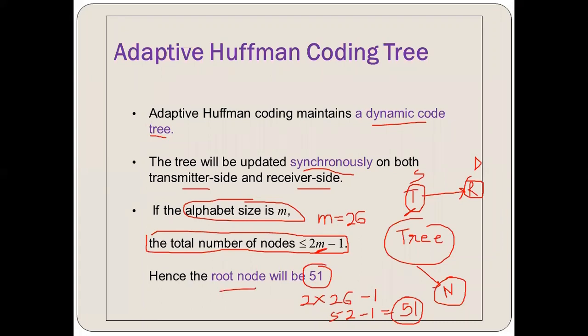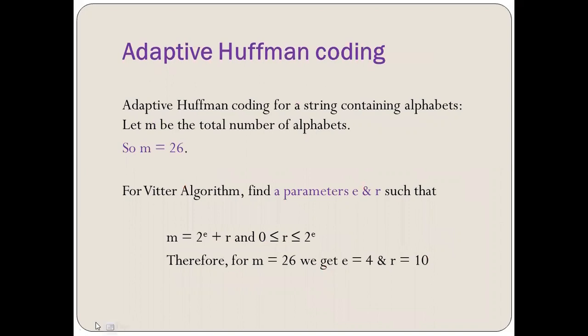Now, we are going to move further with certain things. In the case of adaptive Huffman coding, we were talking about the total number of nodes in the tree. After this, we have to use the algorithm, and before studying the algorithm, we need to understand certain parameters which are used in the algorithm, and the concept of these parameters, how we are going to calculate these parameters.